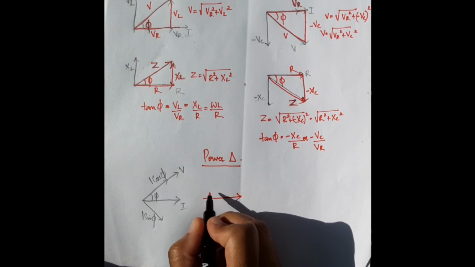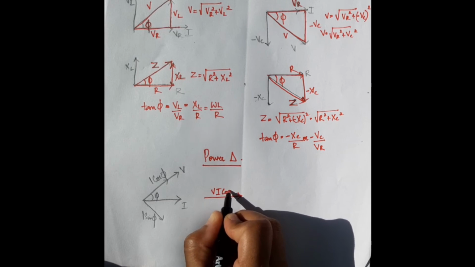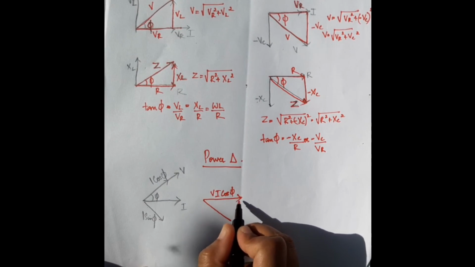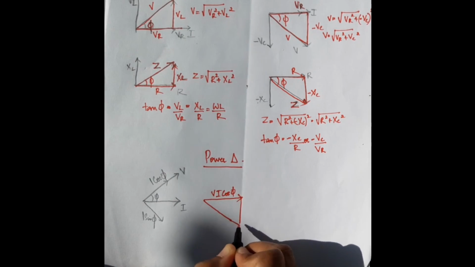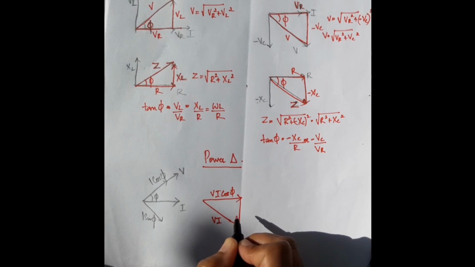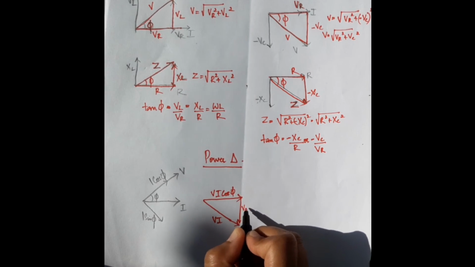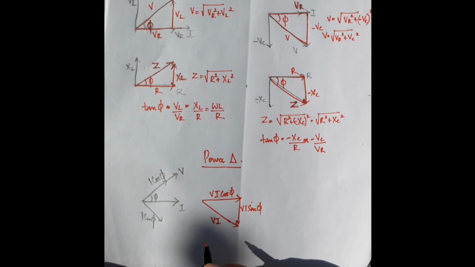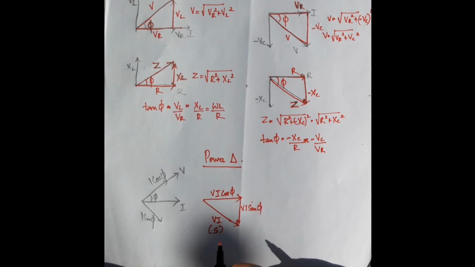Let the base be I cos phi, so VI cos phi. Then we have the phase angle phi along I. And let's multiply it with V. We have VI sin phi with the phase angle phi.